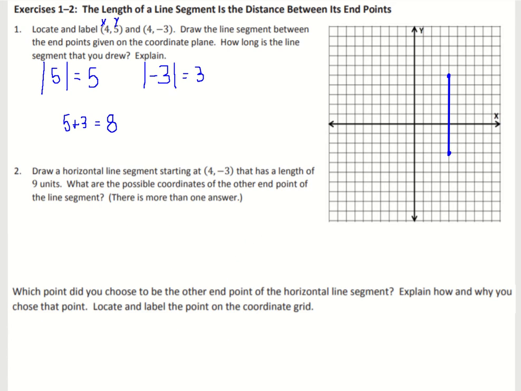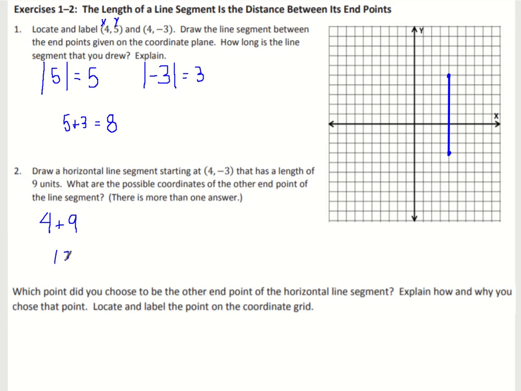So if we're going 9 to the right, that means that I'm going 9 more to the right on a number line than 4 is. So, in order to find that, I'd just basically take my 4 and add 9 to it. So 4 plus 9, what'll that give us?